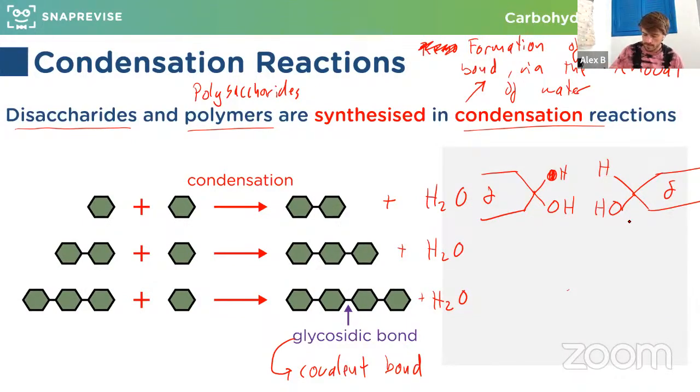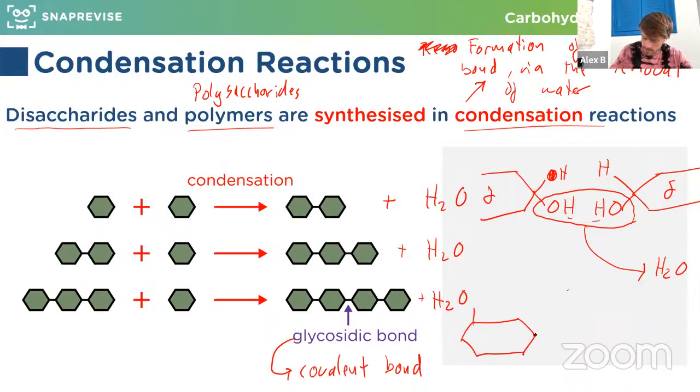So you can see we've got two OH groups in proximity to each other. What happens when we have that is we remove water, H2O. We take the two hydrogens and one of the two oxygens. It doesn't really matter which one it is, but one is removed to make water and one remains. Because one remains, that is holding the two glucoses together.